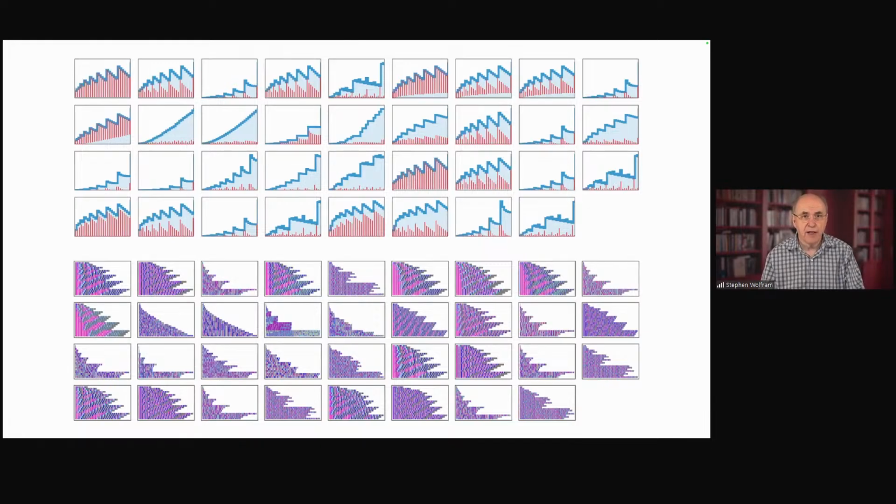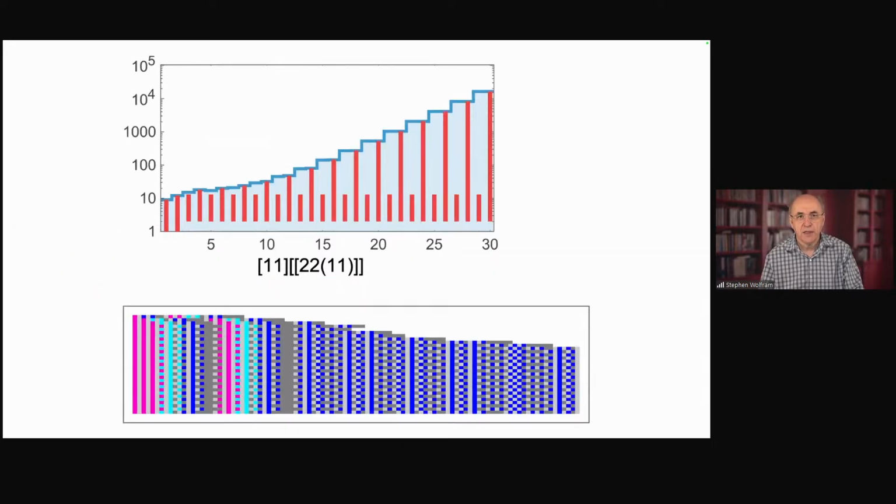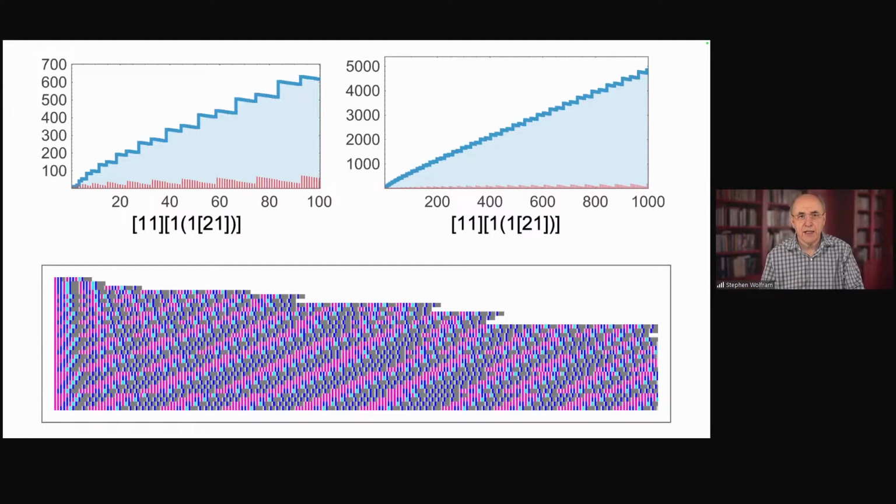Many have behavior similar to what we saw with size 8. There can be nested patterns of growth with an envelope that's linear. For example, in this case here, there can be what's ultimately pure exponential growth, like this case here. There can also be slower but still exponential growth. In this particular case here, it's growth of the form 2 to the square root of 2t. So there's growth that at first looks like it might be complicated, but eventually ends up purely linear.